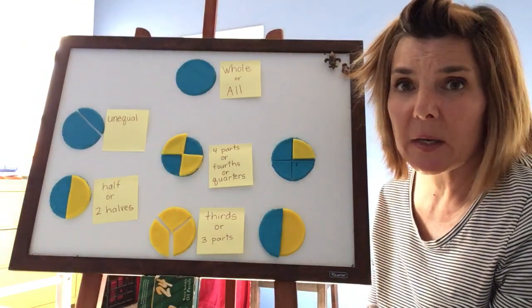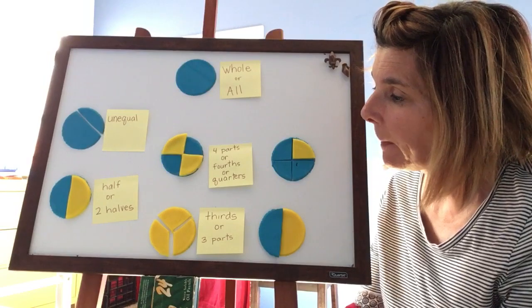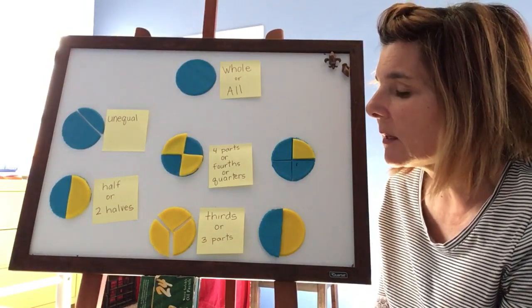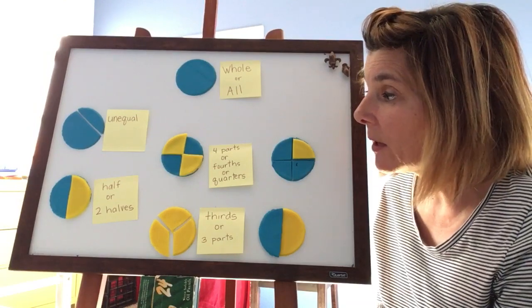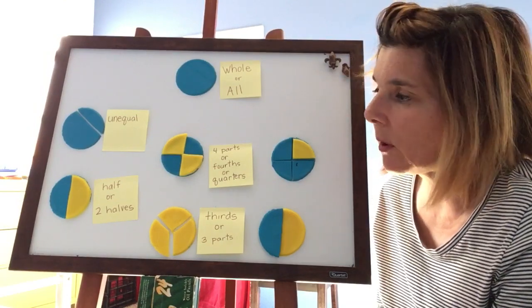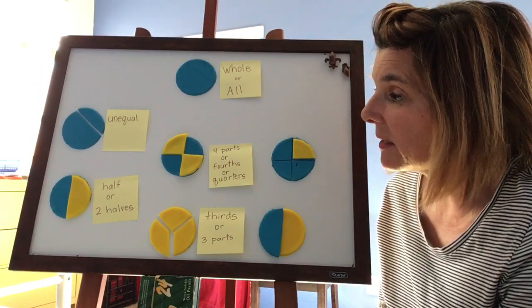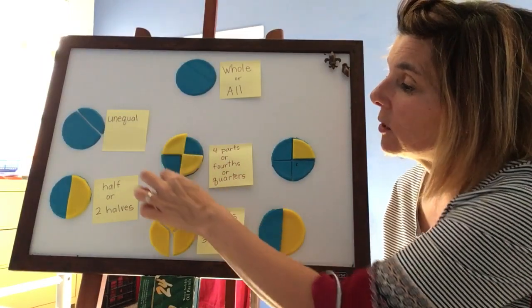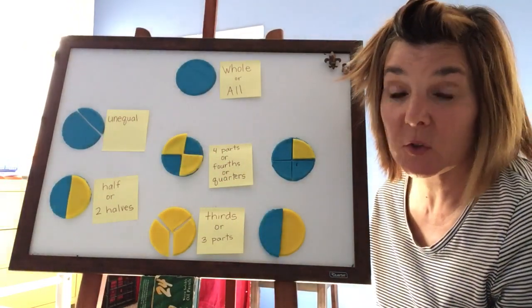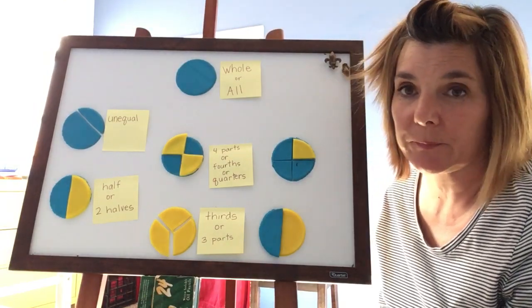I divided them in an unusual way, but you can still see 4 equal parts. Now I could describe it like this. I could say 2 of 4 parts are yellow, or 2 of 4 parts are blue. Or I could say this shape is divided into quarters. 2 quarters of it is yellow and 2 quarters of it is blue.